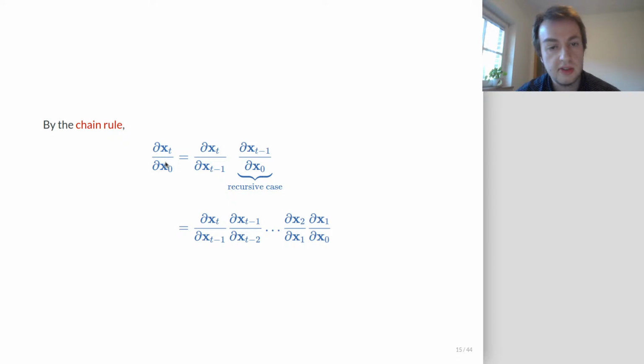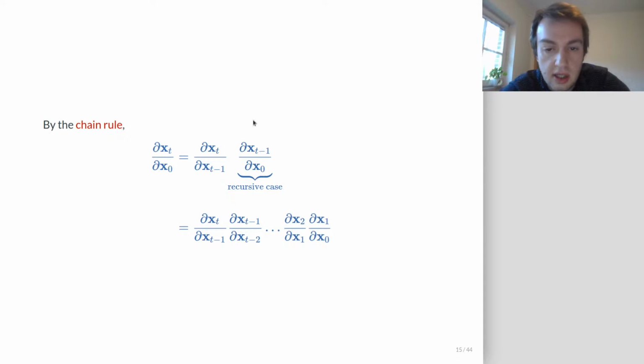The chain rule states, in this case, that the Jacobian of xt with respect to x0 is equal to the Jacobian of xt, the last quantity of our chain, with respect to xt minus 1, times the Jacobian of xt minus 1 with respect to x0.